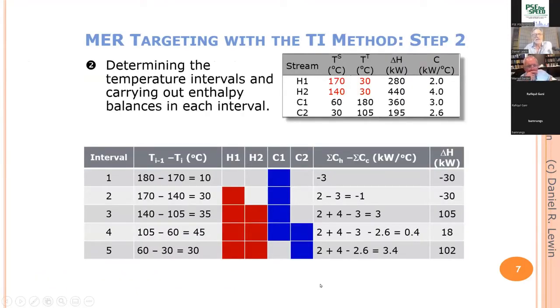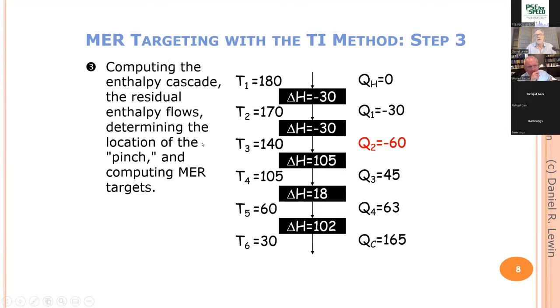We then determine temperature intervals by stacking the determined temperature intervals in descending order. Defining for each temperature interval the enthalpy balance gives us the possibility to do calculation of the enthalpy cascade. Basically, we stack the intervals. Between each interval, we have the enthalpy change that we just computed.